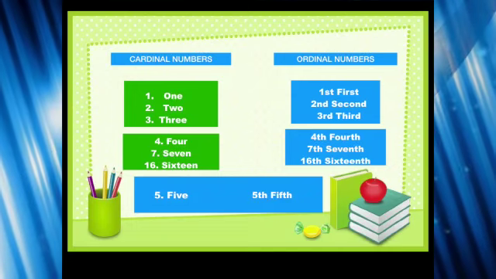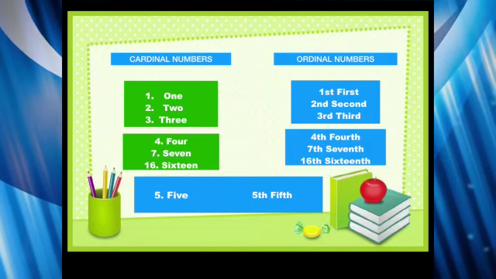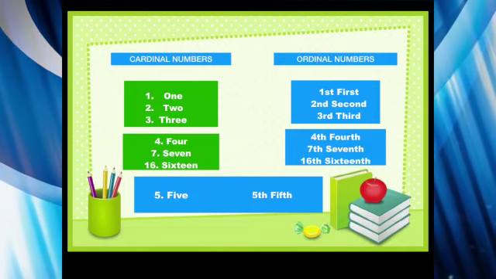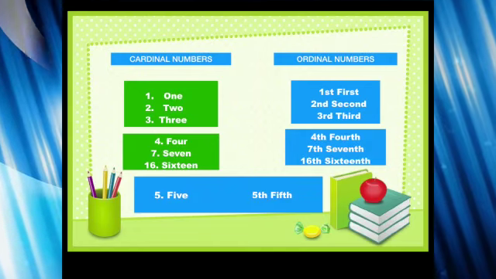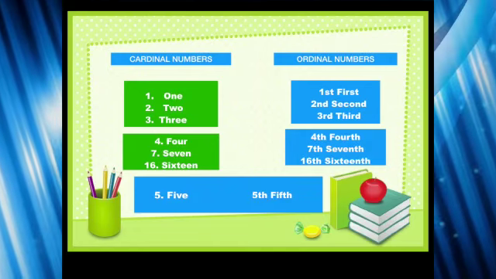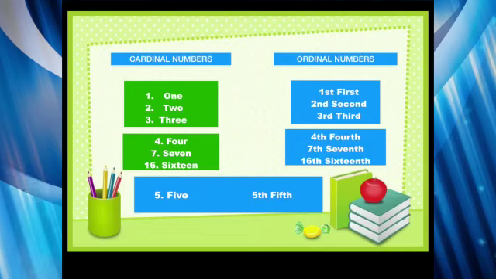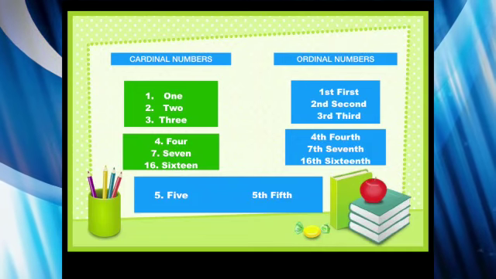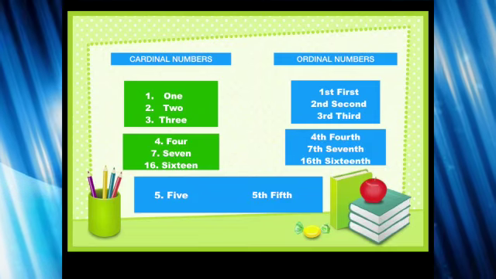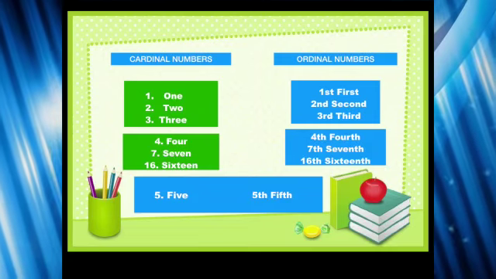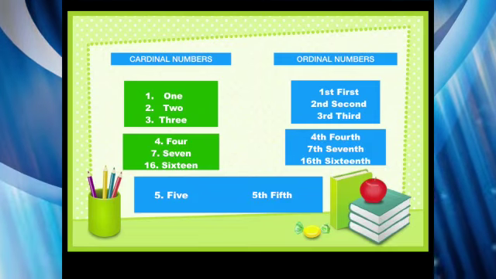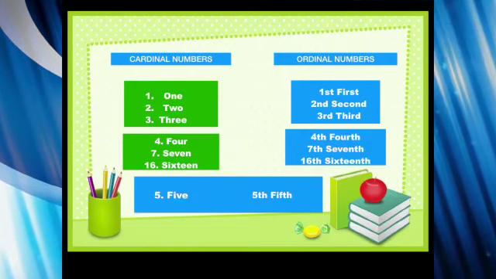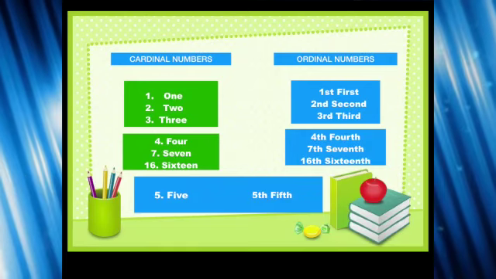Cardinal number is 1, ordinal number is first. Cardinal number is 2, ordinal number is second. Cardinal number is 3, ordinal number is third. The ordinal numbers first, second and third are shown by adding letters ST, ND and RD. But most of the ordinal numbers are shown by adding TH, like 4th, 5th, 6th, and 7th.